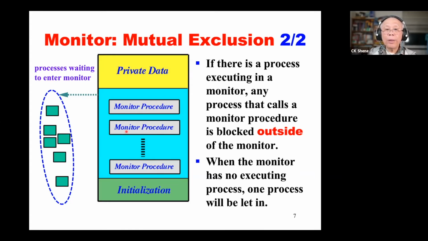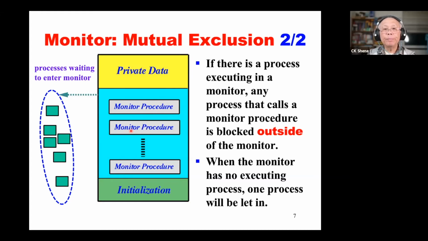So when someone who was in the monitor finishes its execution, the monitor becomes empty. That thread gets its control returned from a monitor procedure. Once that happens, the monitor becomes empty. No one is there. Just like the critical section issue. When someone exits, the mechanism of the critical section must allow a waiting thread to enter.